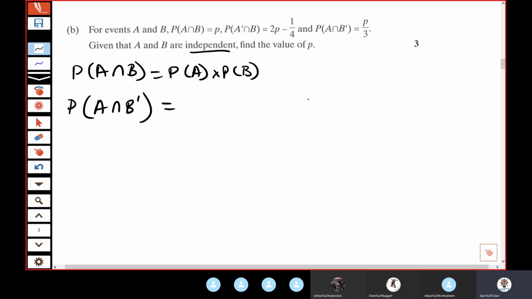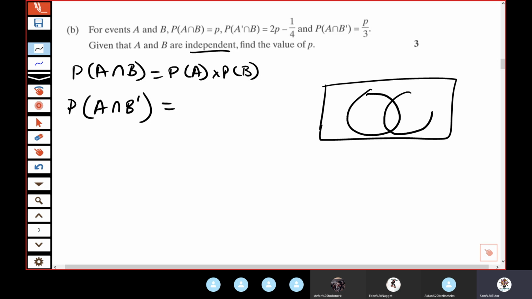Or let me have a look at it in the Venn diagram. Sometimes it just makes it a little bit easier to see A, B. A and not B. So isn't it probability of this and this B? Yes, we can take away one bit. Pretty sure.